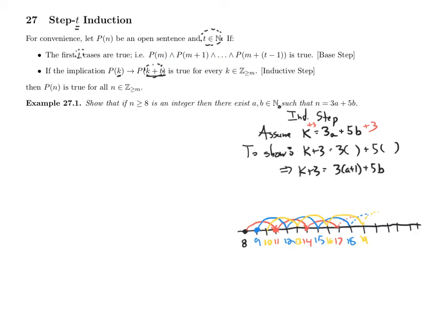So we start with the least element, M, and we do in total T base cases, so everything from M all the way up to M plus T minus 1. That gives us T different base cases. And then using this idea, we can show that a result is true for all values in our domain using an inductive case here. So we're going to assume that the result is true for K and show that it must be true for K plus T, whatever T is. What we've done here is a step 3 induction.